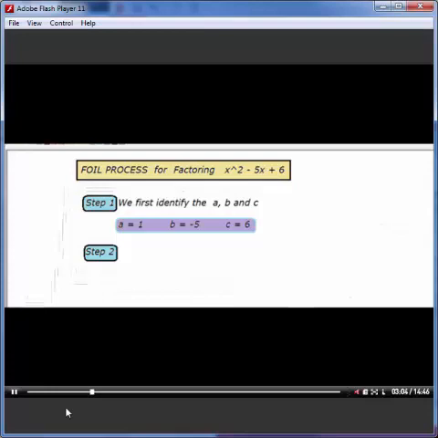The second step is actually the reason that this method is also called the AC method. We need to find the product of A times C. Since A is equal to 1 and C is equal to 6, A times C is going to be equal to 6. You always find the A times C first as your second step.